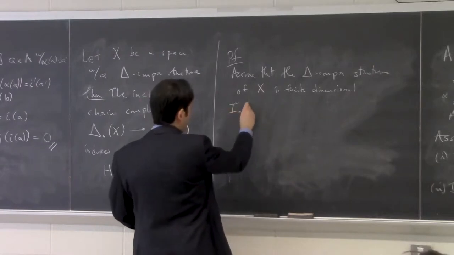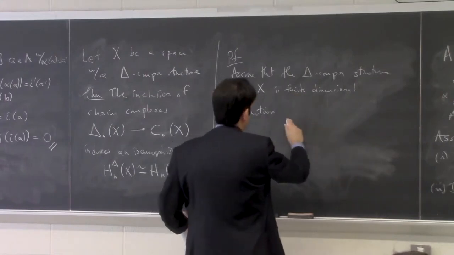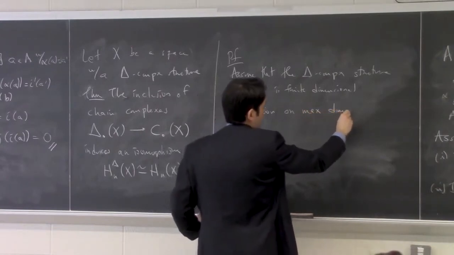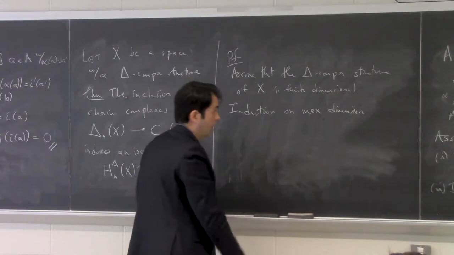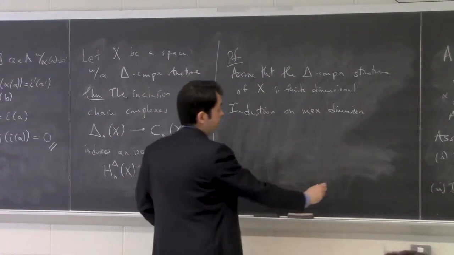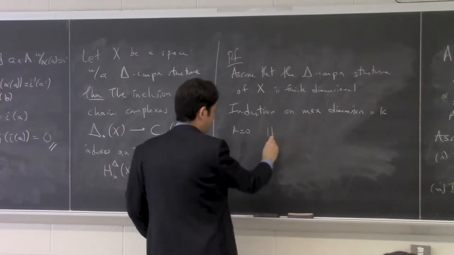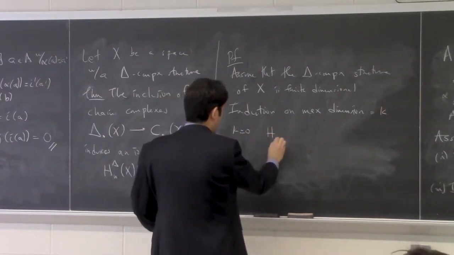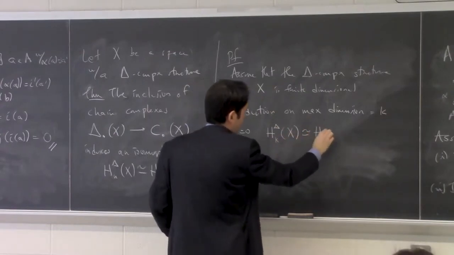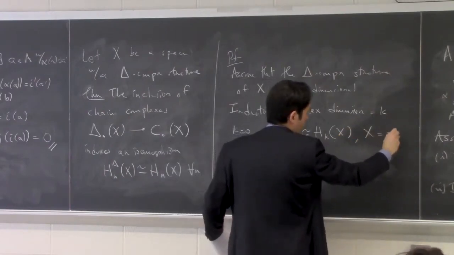Okay, so let's do this by induction, induction on the maximum dimension of the simplices in the delta complex structure. So if, call it k, if k is equal to 0, then we just have points. Then the delta homology of X is the same as the singular homology, because X is points.